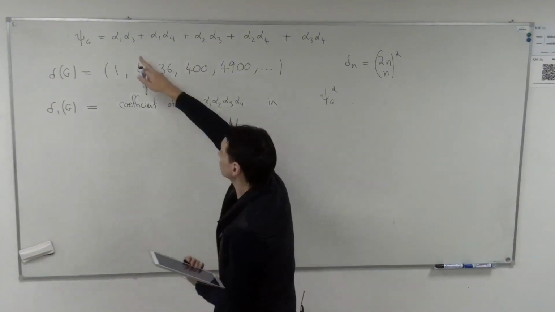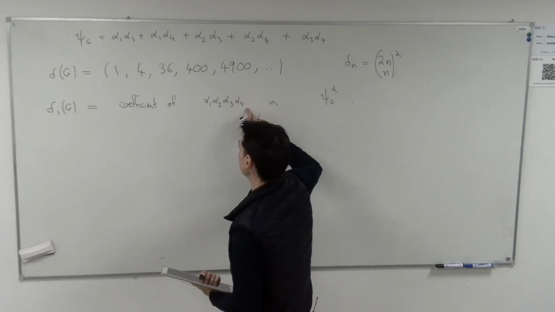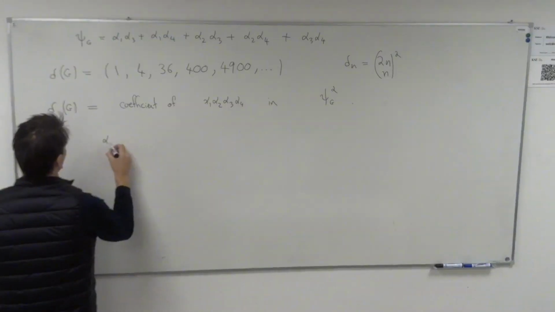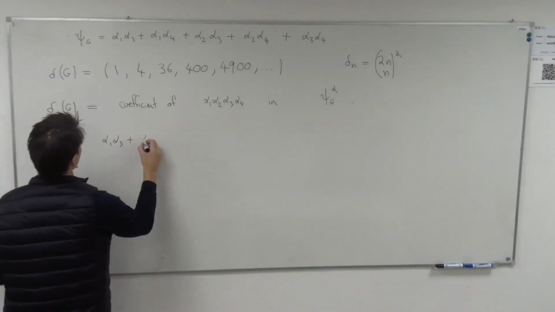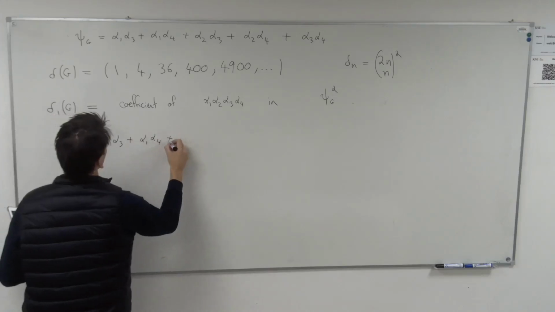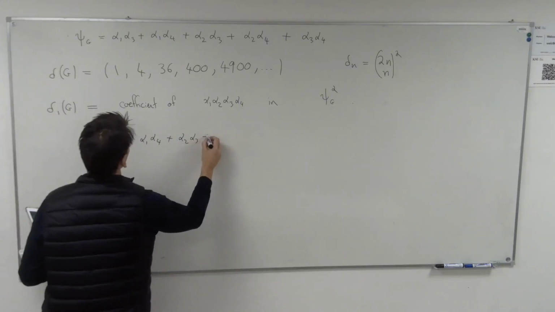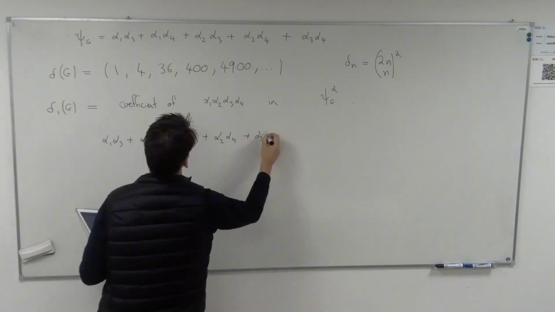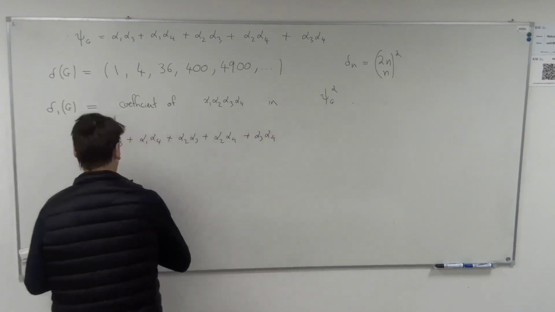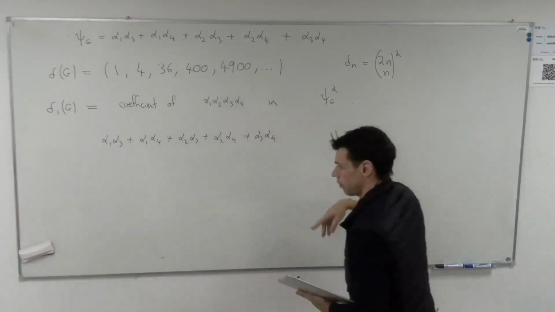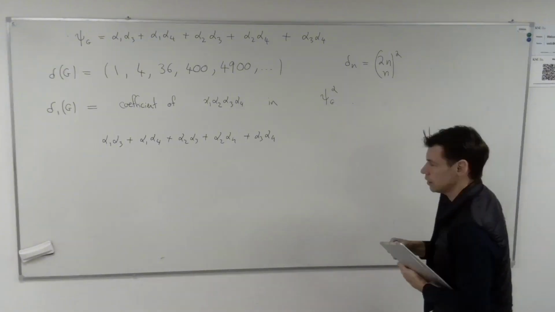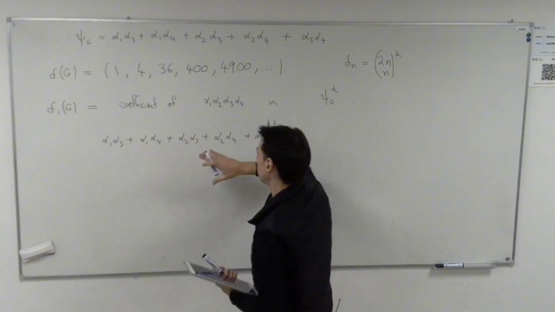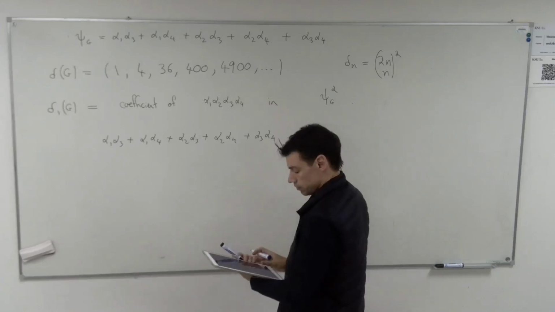Okay, so how do we do this? Well, we multiply this with itself. So let's write out psi g: we have alpha 1, alpha 3, plus alpha 1, alpha 4, plus alpha 2, alpha 3, plus alpha 2, alpha 4, plus alpha 3, alpha 4. I leave you to do the pairing up in your heads. If I multiply it with itself, I take a monomial here and another one and multiply them together.